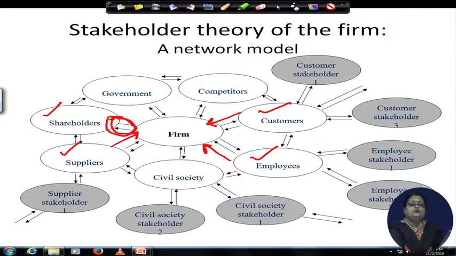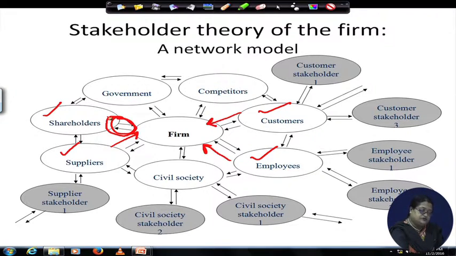With the suppliers, the employees, and the customers, this is taken to be a one-way relationship only, where suppliers are providing goods and raw materials to the firm, employees are providing their services to the organization, and customers are buying the products or services from the organization.